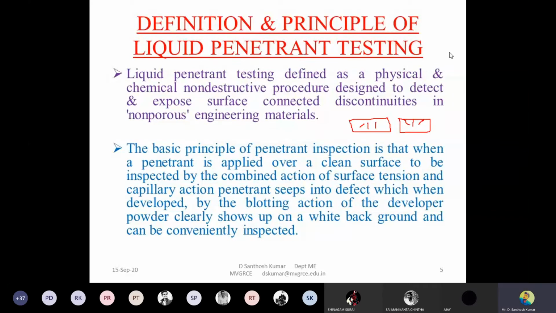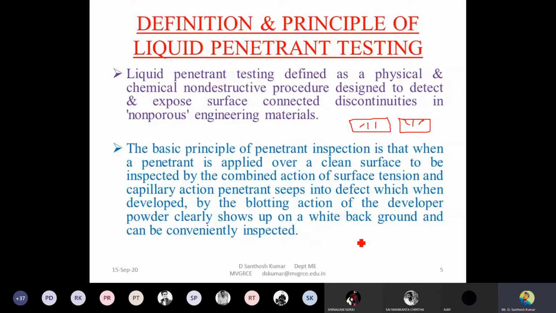In short, people also prefer to call it simply PT. PT is nothing but penetrant test. There is one more name for it, liquid penetrant inspection. So you can see there are different names. Some people call it liquid penetrant testing or dye penetrant testing, or penetrant testing, and liquid penetrant inspection. There are different kinds of names for the same test.